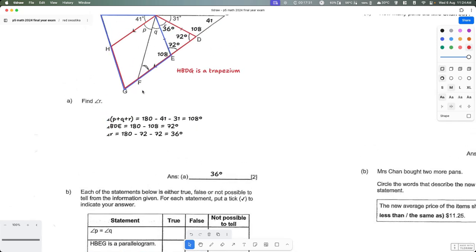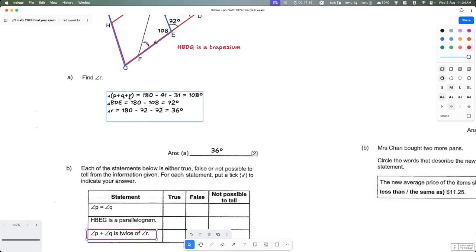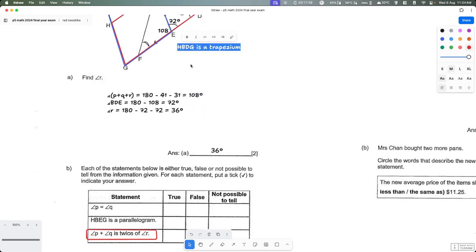We know that R is 36, and P plus Q plus R is 108. Let me write this down. P plus Q plus R is equal to 108 degrees, and angle R is equal to 36 degrees.